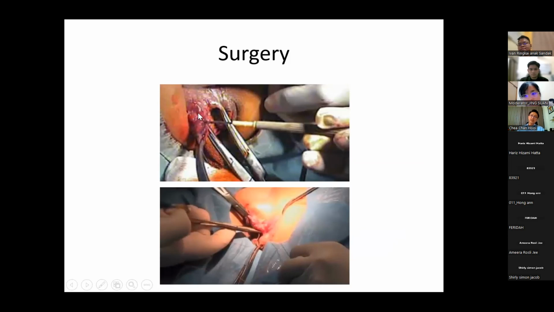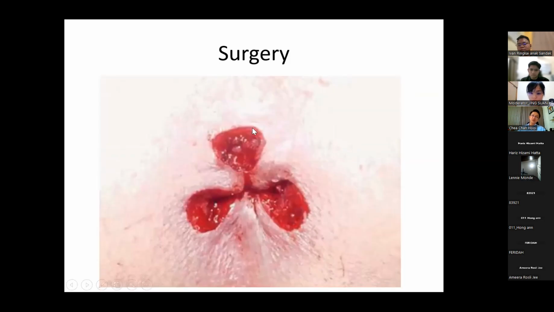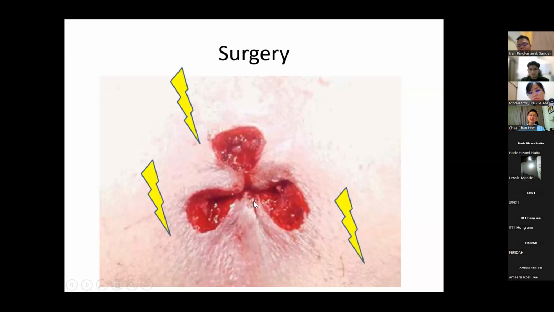So what we do is we resect it, we cut out the hemorrhoids. So this will lead to wound formation around the perineal region, around the anus. So obviously, as you can see, this is quite painful.